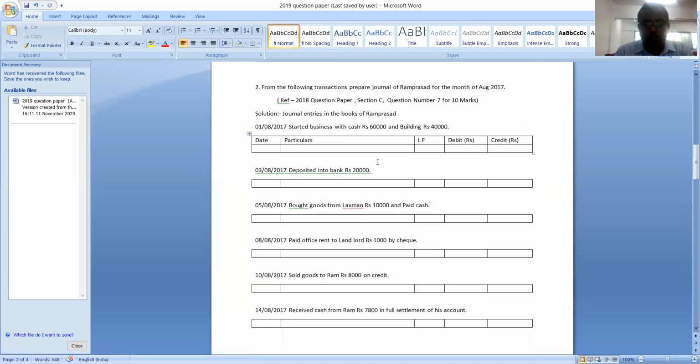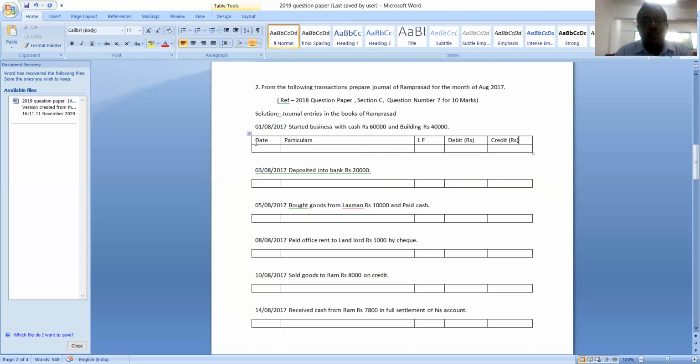Later you should make the format like this. And in the format, how many columns will come? Five columns will come. The first column is meant for date, the second for particulars, the third for ledger folio, the fourth for debit rupees, and the fifth for credit rupees. Like this, totally five columns will come.